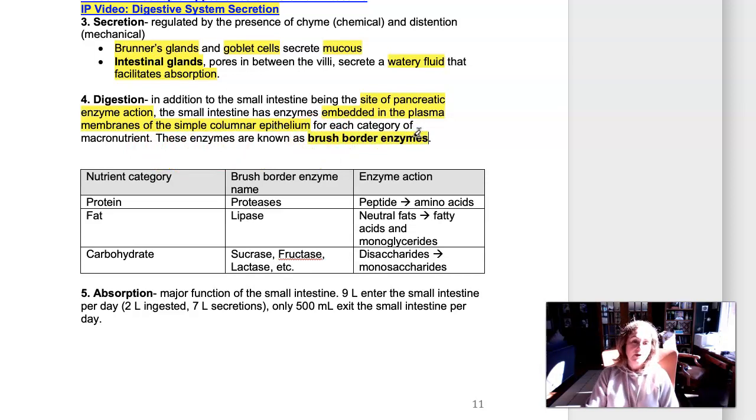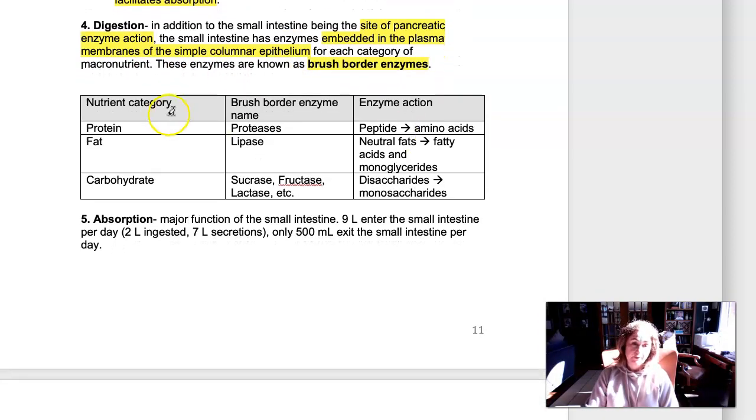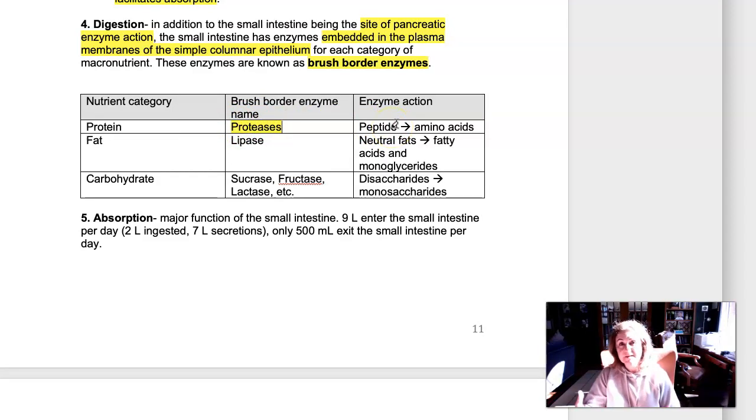And I made a table to show you those. So the proteins get digested by enzymes that are known as proteases. These proteases are going to take the peptides that were elicited by pepsin, trypsin, etc., and chop them into individual amino acids. Those individual amino acids can be absorbed into the blood.